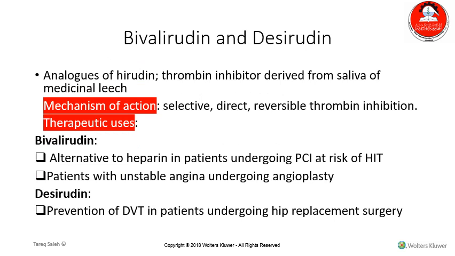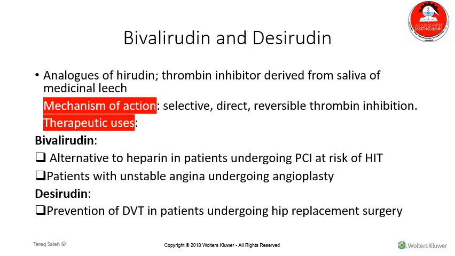Bivalirudin and desirudin are semi-synthetic compounds. They are analogs of the natural substance hirudin. Hirudin is a natural thrombin inhibitor that is found in the saliva of the medicinal leech. So these drugs are just analogs to the natural substance found in leech.